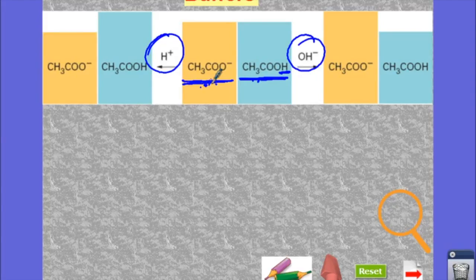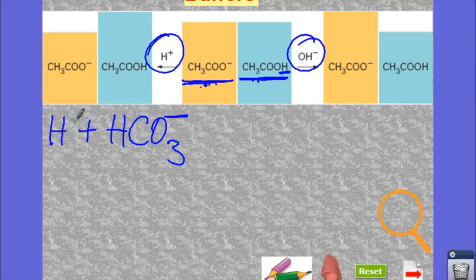Like your pancreas in your body will produce bicarbonate, HCO3 minus. Okay? If you get something very acidic, that HCO3 minus will react with that H plus.